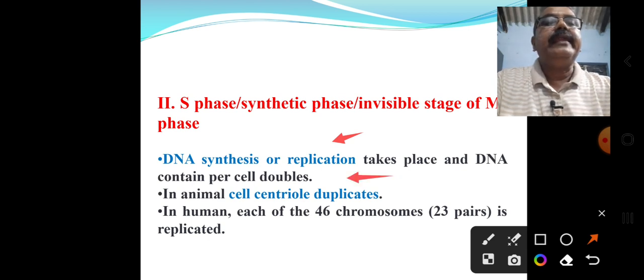In animal cells, the centriole also duplicates. In human, each of the 46 chromosomes is replicated.